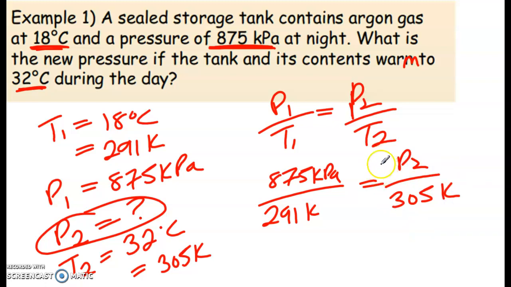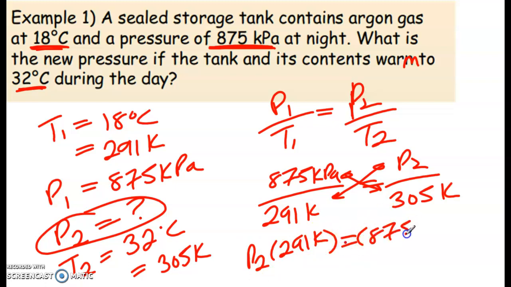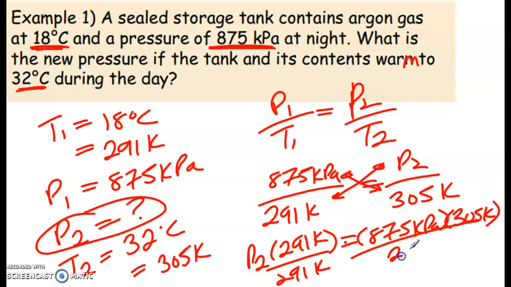Okay, so we are going to cross multiply these. So we end up getting P2 times 291 Kelvin is equal to 875 kPa times 305 Kelvin. And remember, you have to get rid of that, so that way we have only P2 on that side.